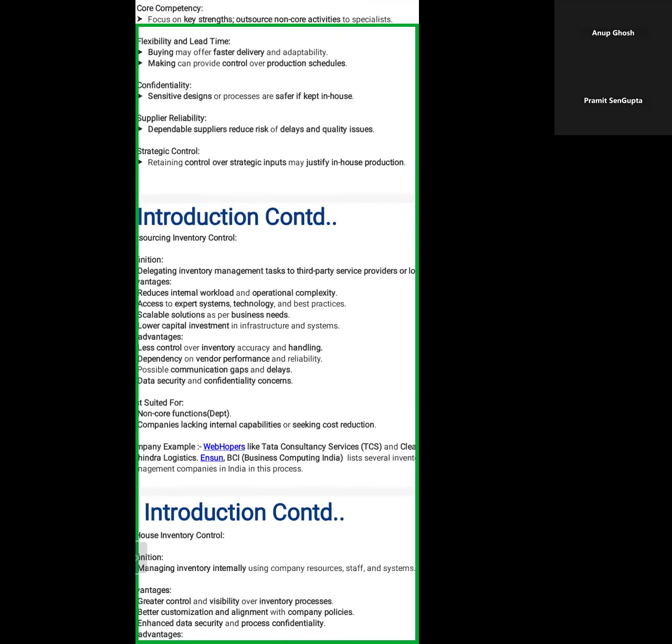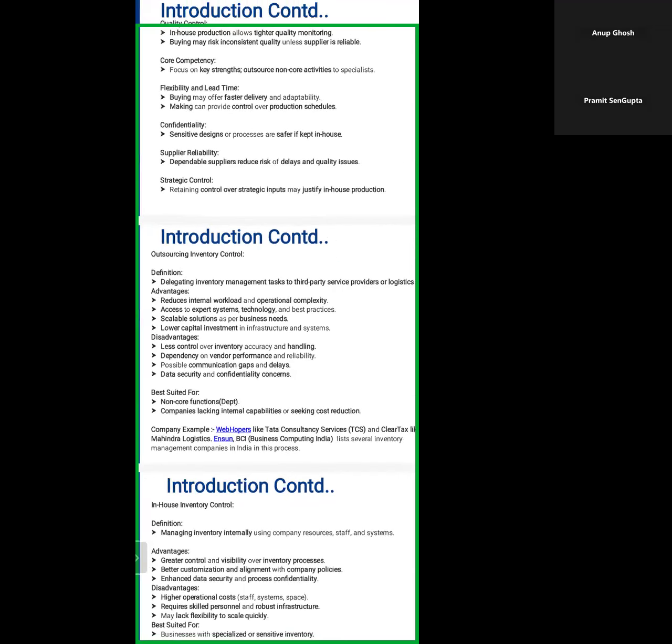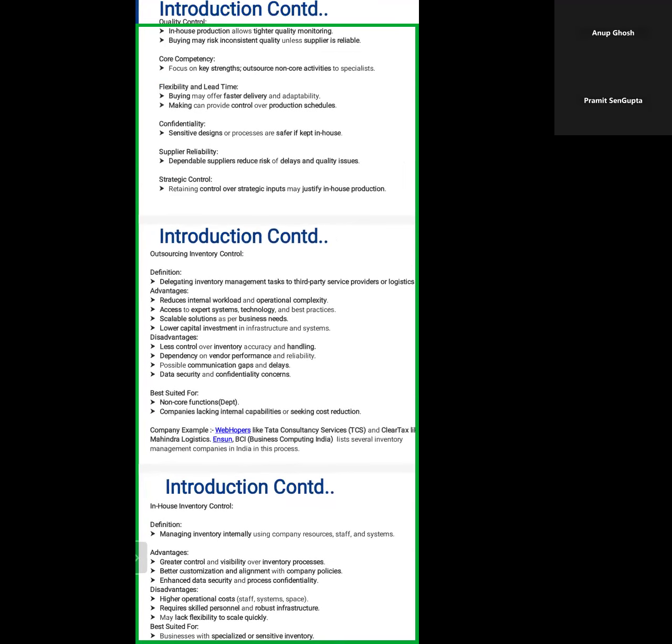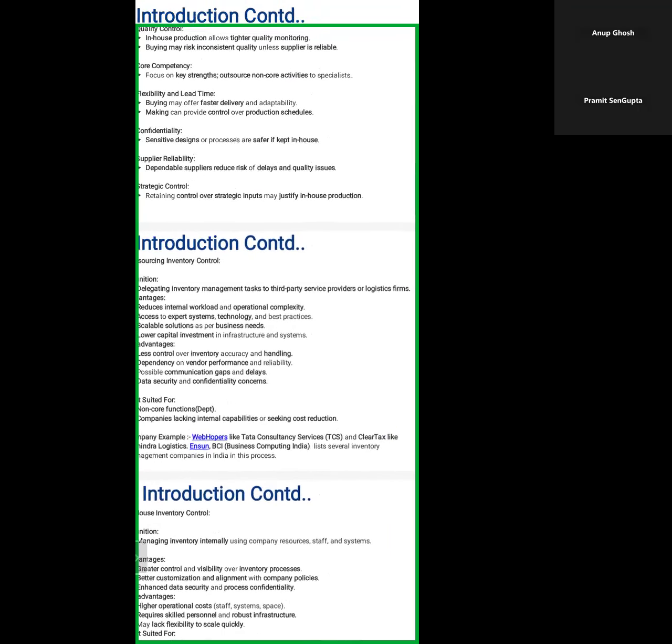First of all, it's outsourcing inventory control. As we see in our presentation, it is defined as delegating inventory management tasks to third-party service providers, logistics firms.